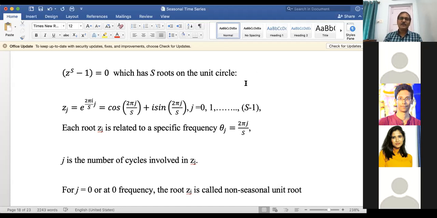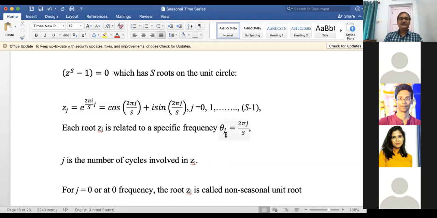For j equal to 0, zero cycles are involved in z. J equal to 1, one cycle involved in z, j equal to 2, two cycles involved in z, etc. Ultimately the maximum number of cycles in your root will be s minus 1. So if you say you have z s minus 1, it means the characteristic root contains s minus 1 cycles, and corresponding to each cycle you will get a corresponding value of theta: theta 0, theta 1, theta 2 up to theta s minus 1.